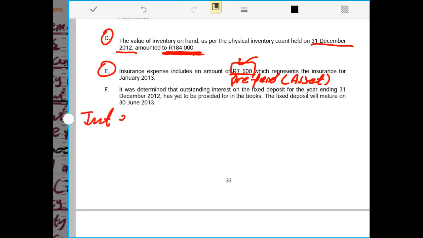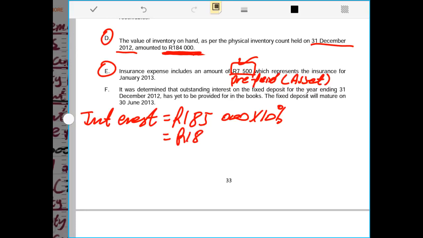185,000 rands. So now we have to calculate the interest, although I did this initially. It is 185,000 rands times 10%. That will give us 18,500. And we said in the trial balance there was 14,000 that was already received.